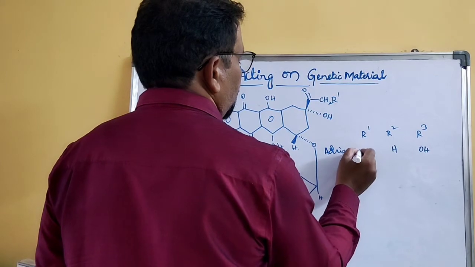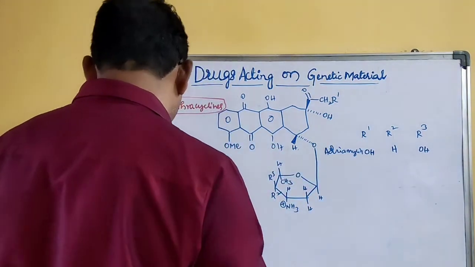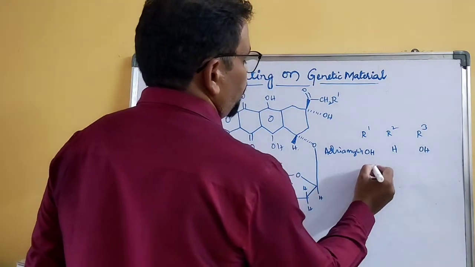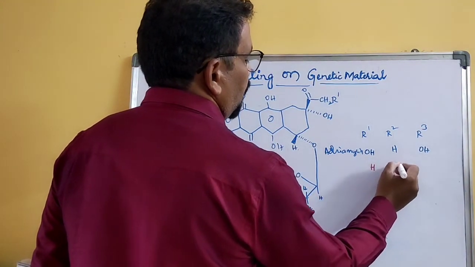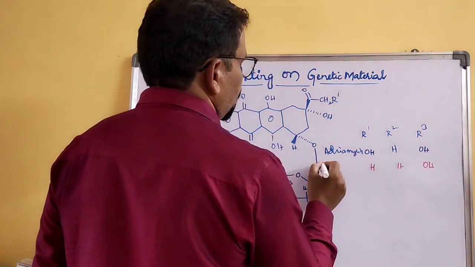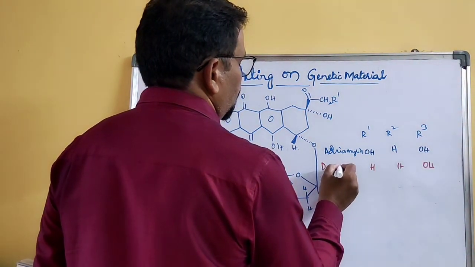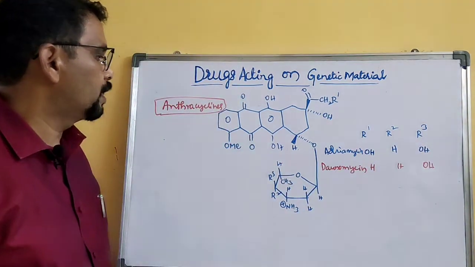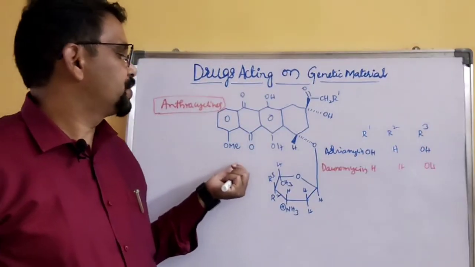Whereas if R prime is equal to H and OH, that is called Daunomycin. So these are the anthracycline structures.